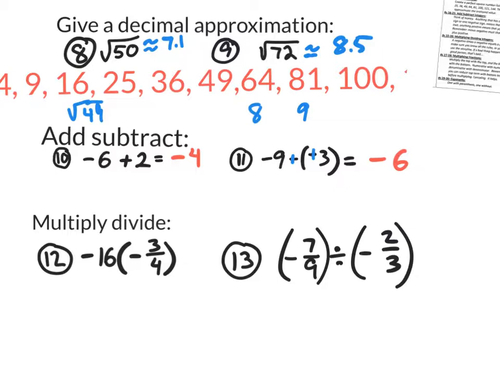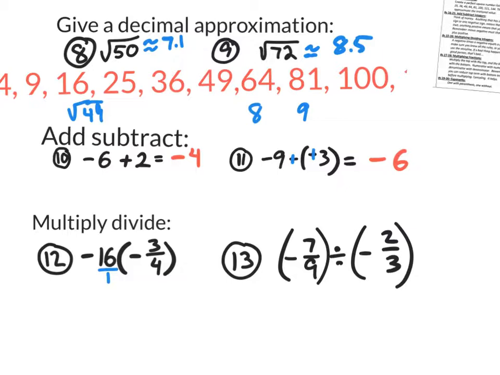So on number 12, the best thing to do is to change the -16 and place it over 1 to make it look like a fraction. Now you could multiply 16 times 3, get a big number, 1 times 4, get 4, and then reduce that fraction. Or you could reduce first and then multiply later. So I have a 16 up on top and I have a 4 on the bottom. 16 over 4, you could reduce that by what?